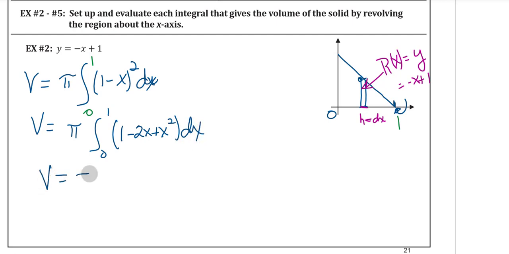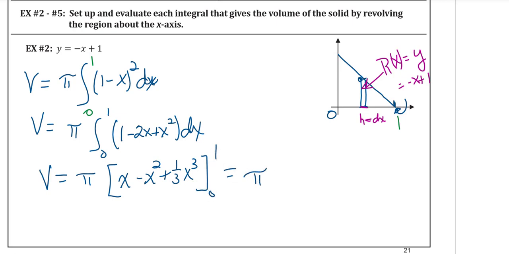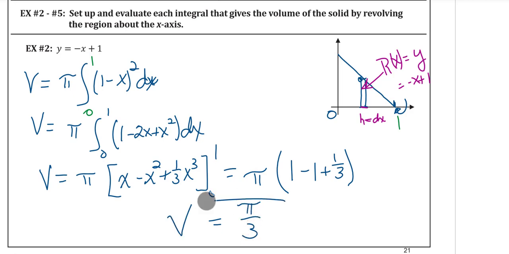Integrating that, pi times x minus x squared plus 1/3 x to the third, evaluated between 0 and 1. So we're going to get pi times 1 minus 1 plus 1/3. So for volume, we get pi over 3.